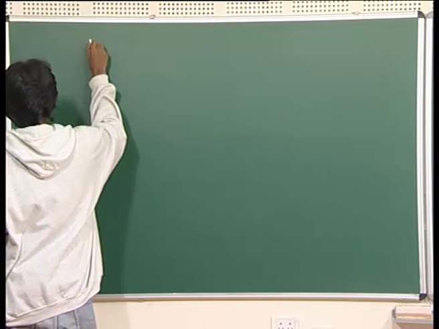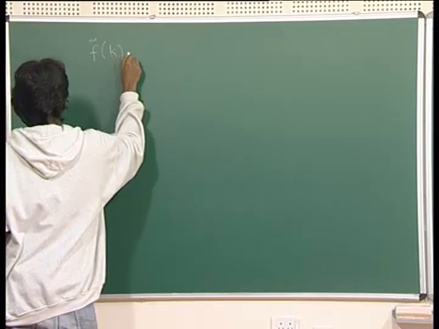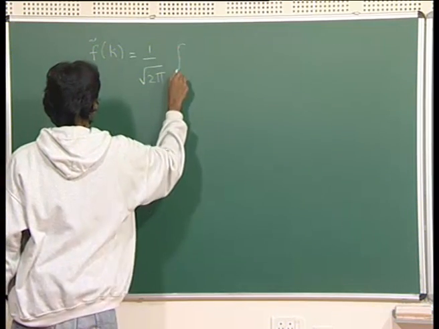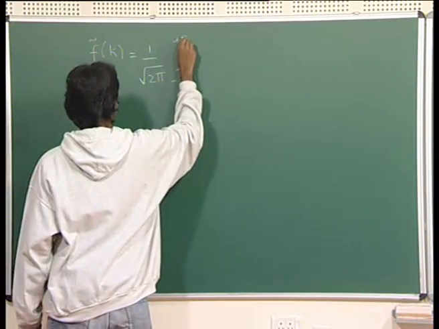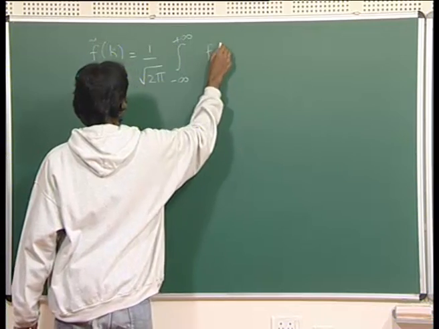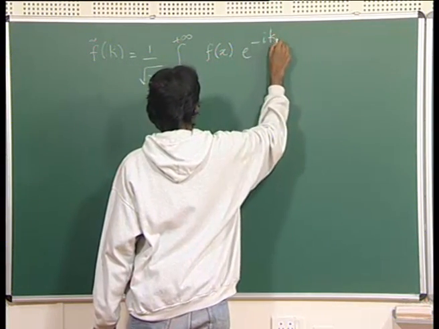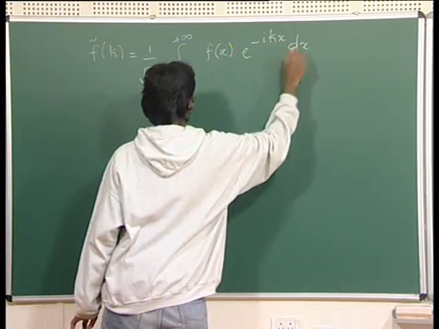Okay. So, let us remind ourselves again of what we have learnt about the Fourier transform. The Fourier transform was defined as f tilde of k equals 1 over root 2 pi times the integral from minus infinity to plus infinity of f of x e to the minus i k x dx.